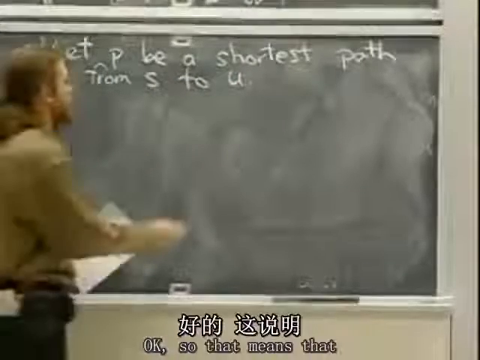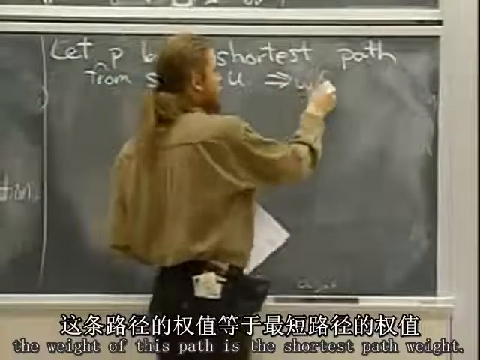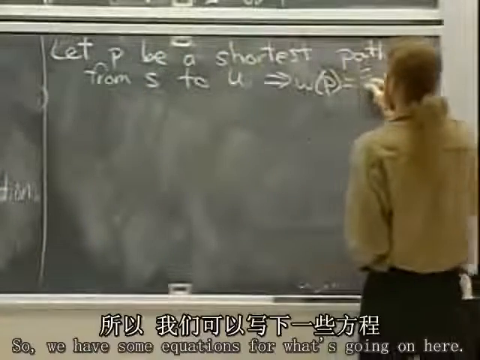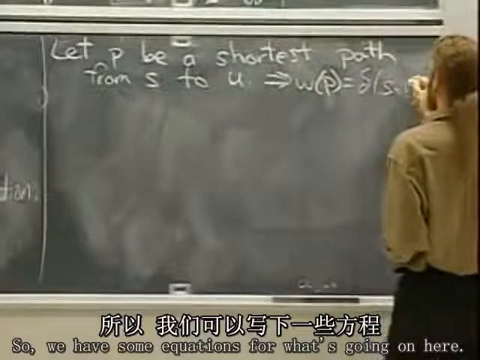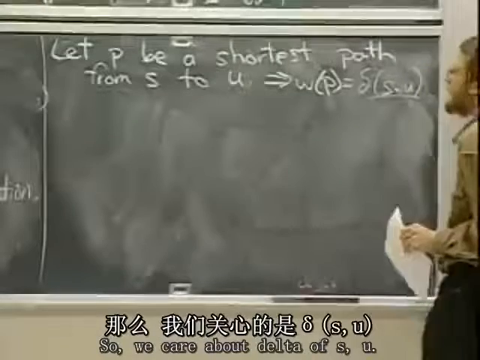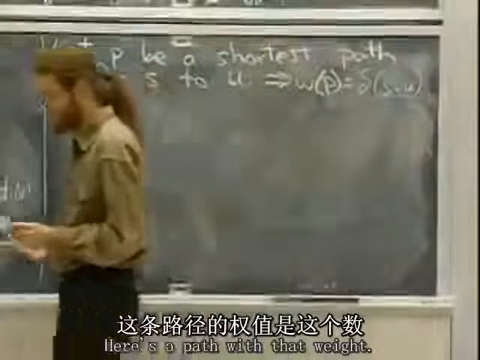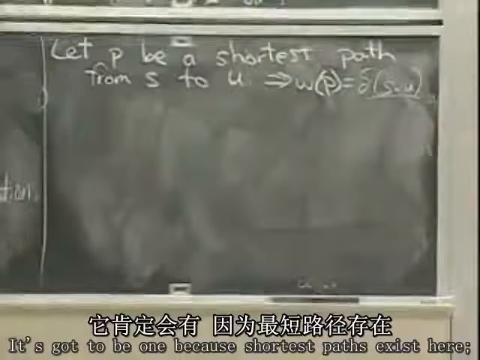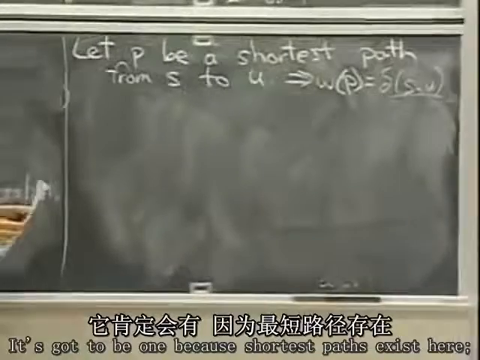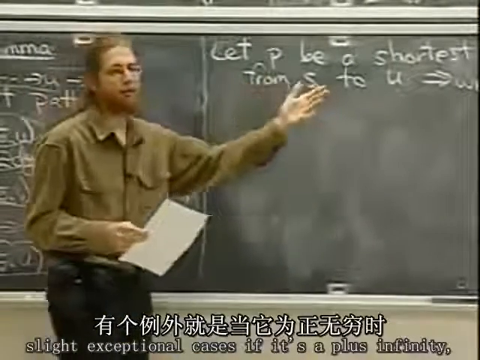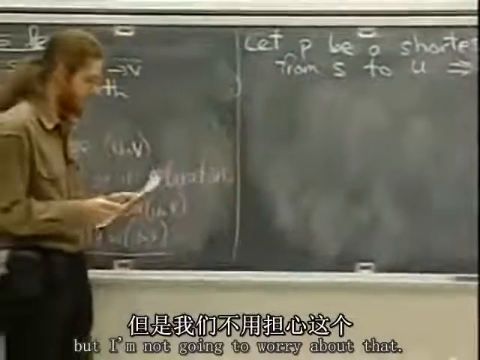That means that the weight of this path is the shortest path weight, so we have some equations for what's going on here. So we care about delta of s u. Here's a path with that weight. Slight exceptional cases if it's plus infinity, but I'm not going to worry about that.